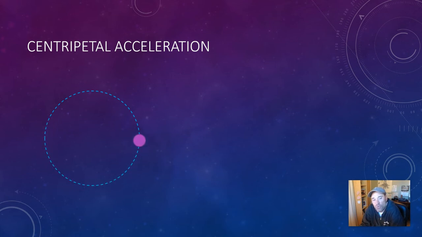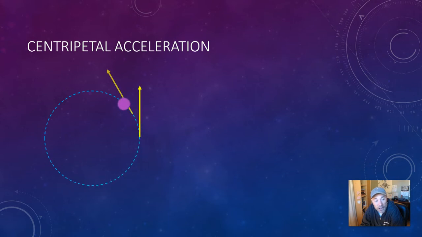So what is the actual direction that this thing is going? Well, it depends on where it is. And remember, the way we talk about this is that we think about it in terms of straight line motion. So at any given point in the circle, you can think about its motion being in a straight line from that point.